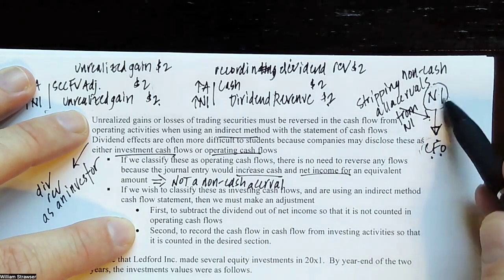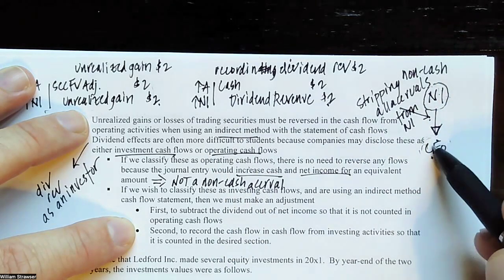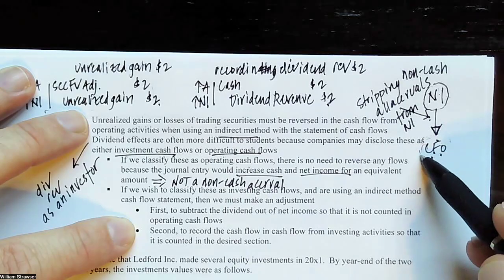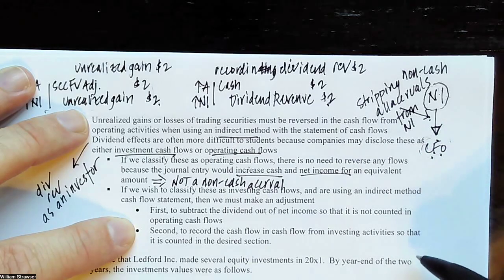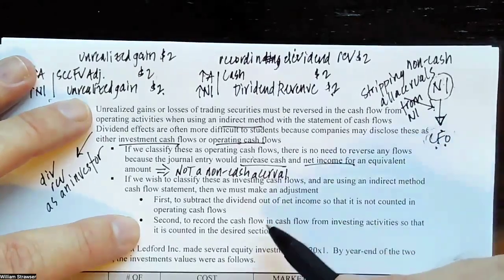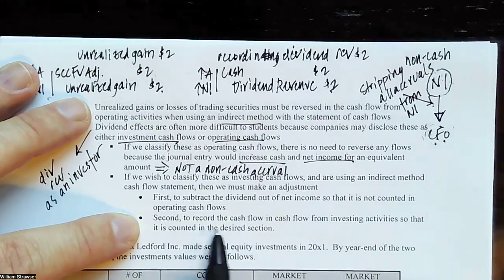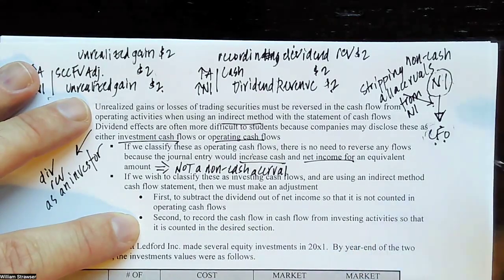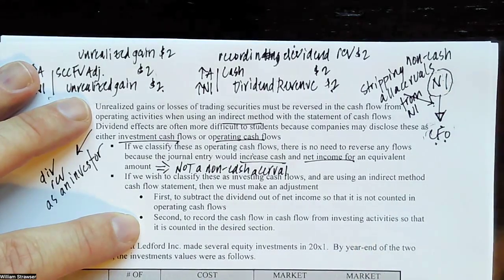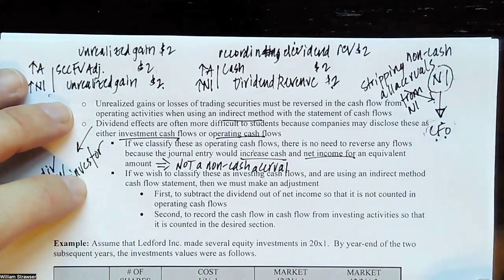If we don't reverse it, it'll end up being reported in cash flow from operating activities from an indirect method. Then we just need to make sure that we include the $2 in cash flow from investing activities since we took it out of this derivation from net income to cash flow from operating activities.